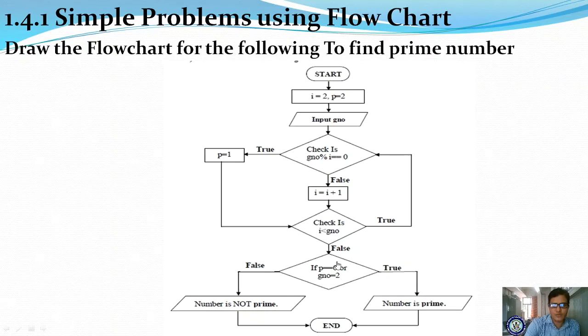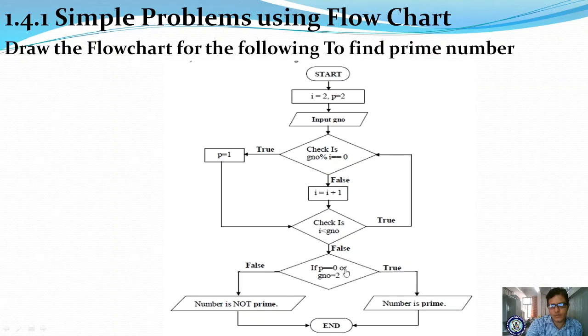After p becomes 1, it will come here. If p equal to 0 or number equal to 2, it is false, it is not meeting, hence the condition is true, right? If it is true, then we are going to the prime number. So 11 less than 11, false. If it is false, it will come here.